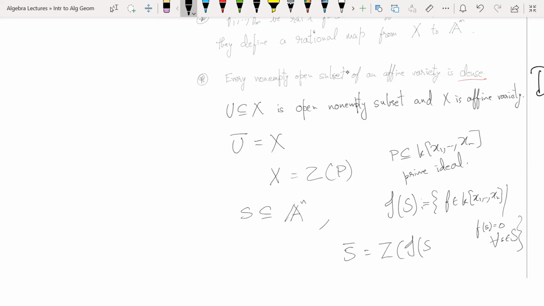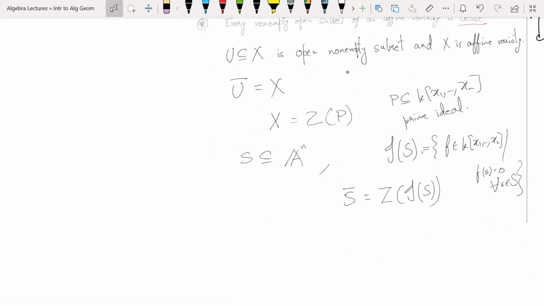This is how you get S closure. Similarly, U closure will be the same thing.